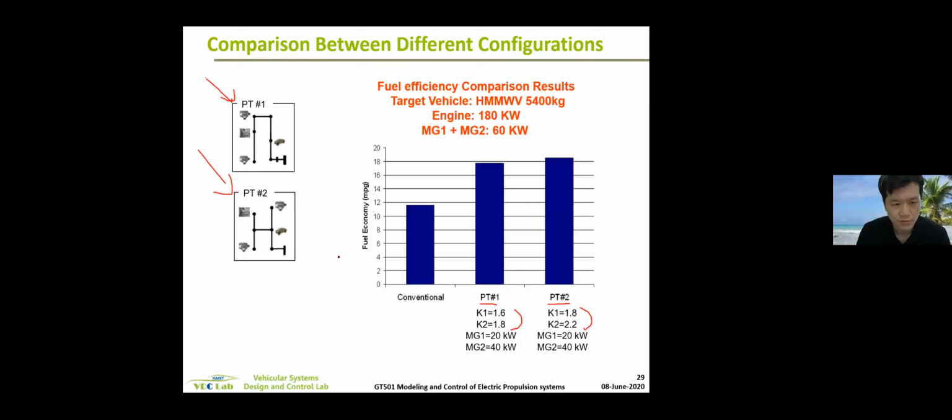Now we can compare powertrain 1 with powertrain 2. To make sure this becomes a fair comparison, what do we have to consider?